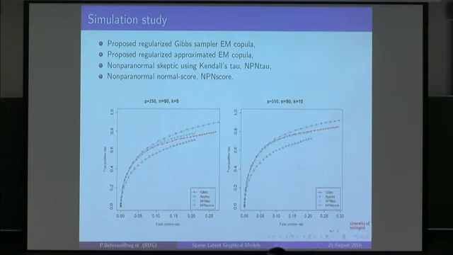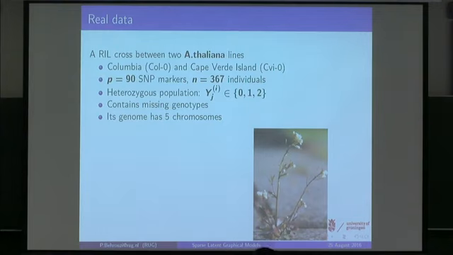So now we are going to apply this method to real data. The first real data is Arabidopsis. This plant is made by crossing Columbia, one of these plants in Brazil, I think, I don't remember exactly, with the other one, which is CVI. These two are the parents, and then the offspring has 90 markers for 367 plants or individuals.